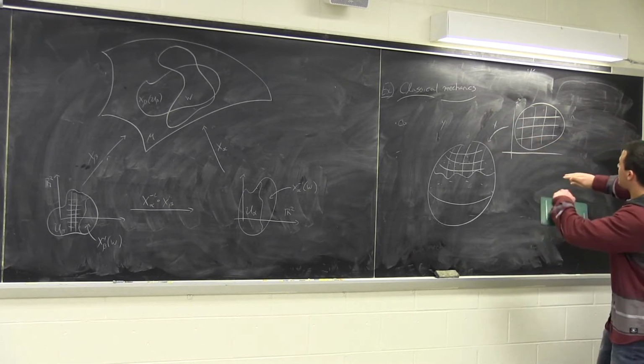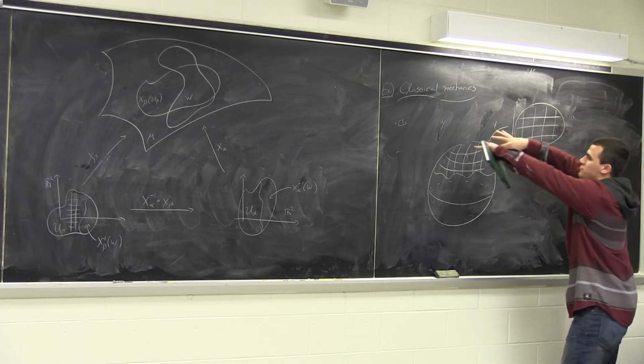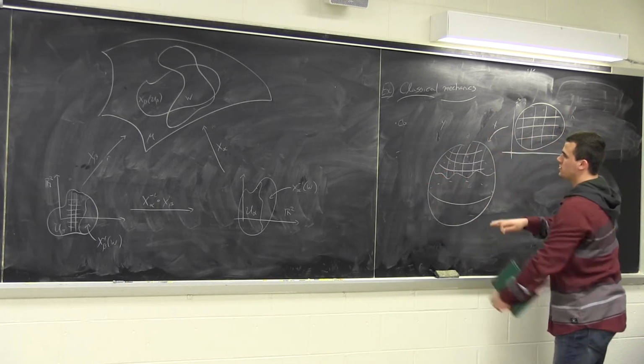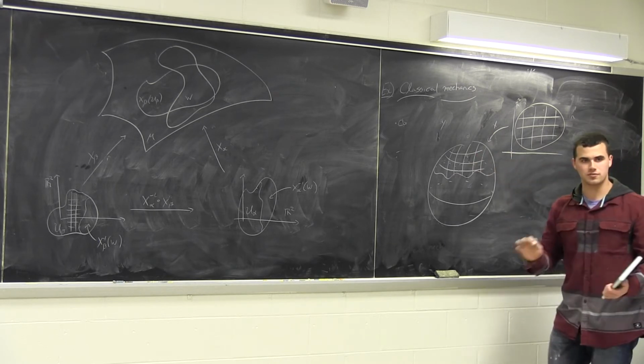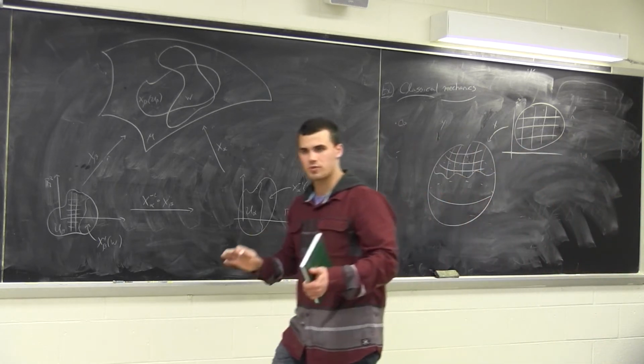I've taken this patch in R2 and I've just laid it over the sphere. So now I've given my sphere a natural set of coordinates. People kind of trying to see a little bit what I'm doing?